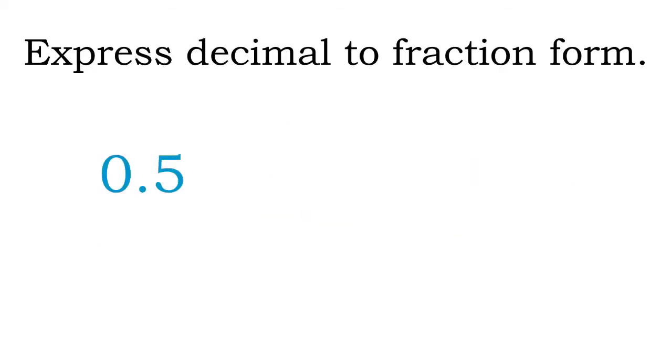Or simply identify the last digit from the left, which is 5. Identify its place value, which is tenths. Then copy all the digits at the right side of the decimal point, which is 5. Then divide it by 10, since the place value of 5 is tenths. You can now check if your fraction is in simplest form.